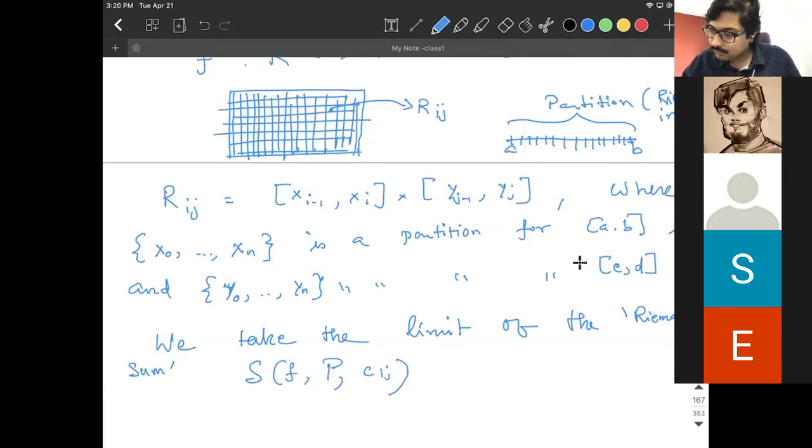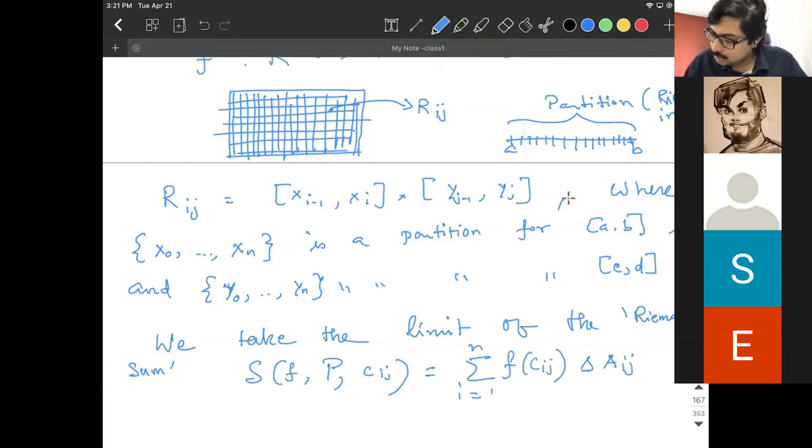Okay, so this is defined by taking this sum, i from 1 to n. So evaluate f at this point Cij and multiply by delta Aij, which denotes the area of Rij.